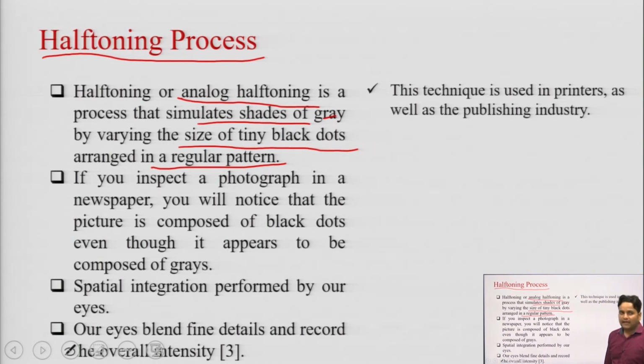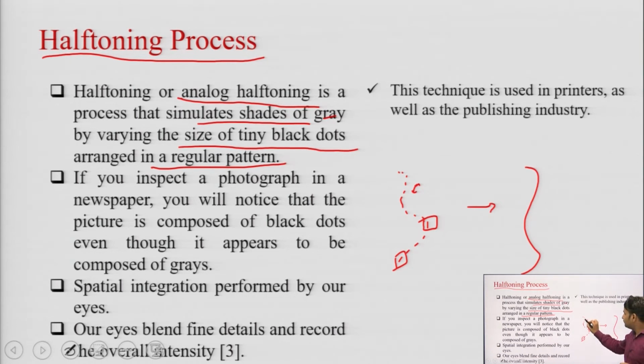Now, as an example, you can go through the newspaper. If you observe that newspaper clearly, each and every image is nothing but a composition of dots. These dots give the idea of the image in this manner. Why is it so? Because the gap is very tiny.